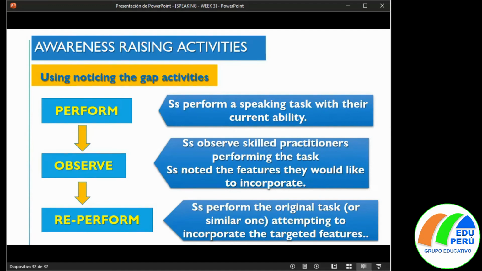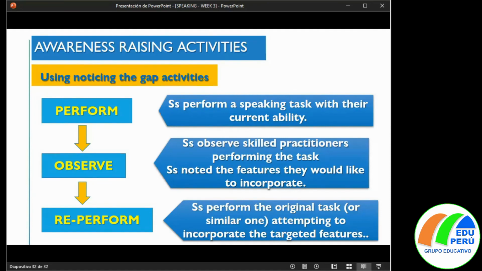This is very important: when you want your students to talk, they must be conscious about what they are going to use to talk. If they are not conscious about what they are going to use to talk, that's why they don't talk later. Because they don't know what structures, what function, what genre, what organization. I don't know what to do.